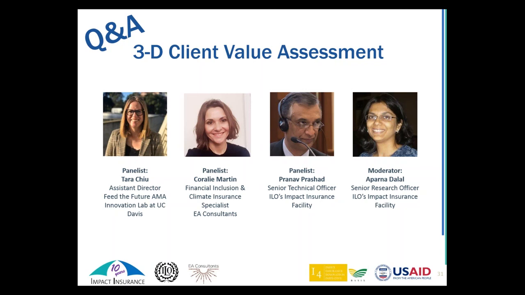Yeah, just to quickly build on that, Jill, the issue with PACE was that when we developed it, that was 2011, and it was developed as more of a generic tool to look at value from insurance as a whole. The 3D tool, as it stands today, focuses on agriculture insurance, as Coralie mentioned. It also is slightly more specific in terms of what is being looked at.